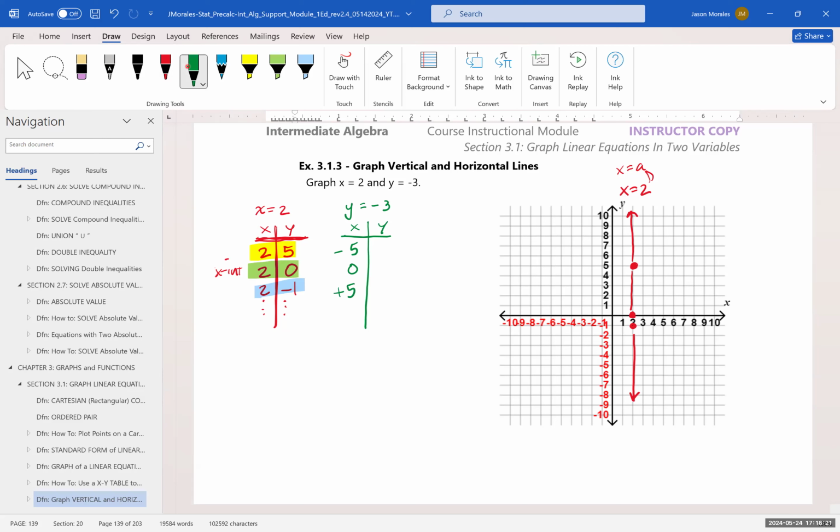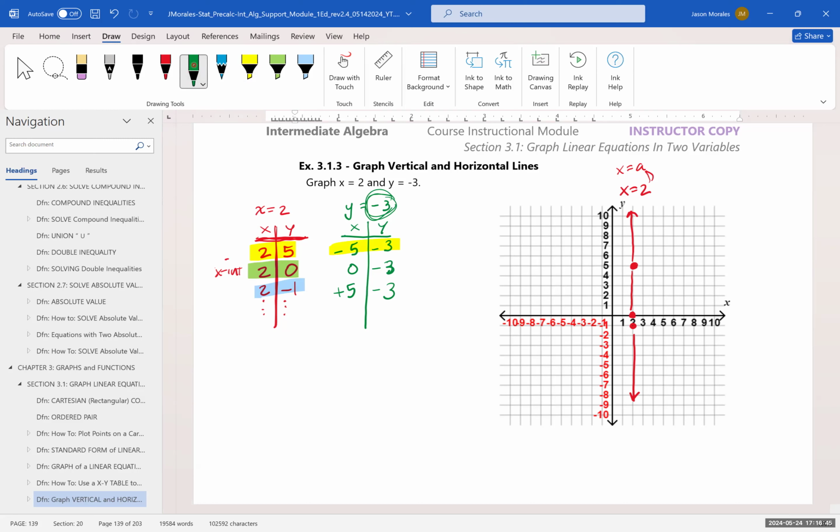Let's do that. When x is negative 5, what's y? Negative 3. When we pick 0 for x, what's y? Negative 3. When we pick positive 5 for x, what do we get for y? Negative 3.